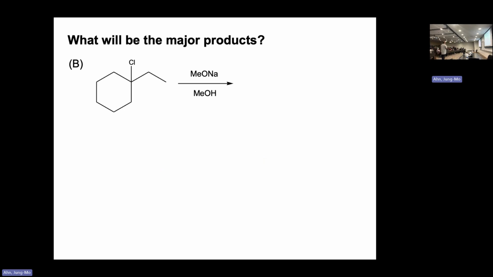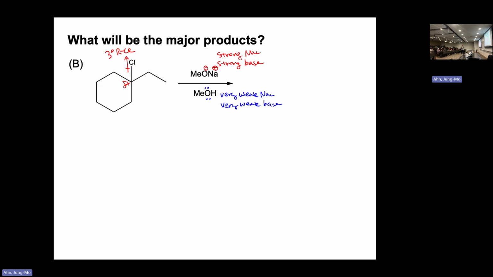Next question, you've got an alkyl halide, but this chlorine is sitting on the tertiary position. So this is a tertiary alkyl halide. You've got the pair of reagents, methoxide in methanol. When you have a strong reagent and a weak reagent present together, the weak one is not going to have a chance to do anything.